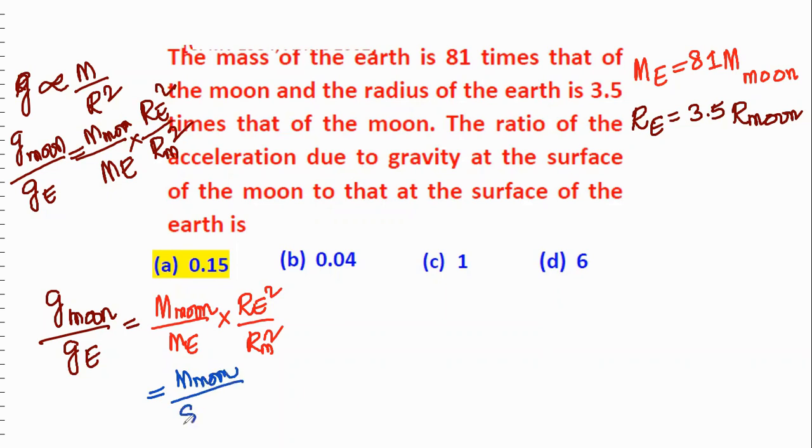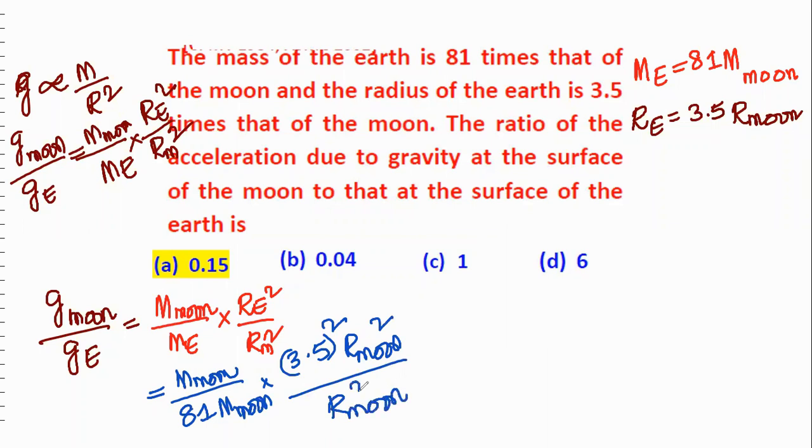Mass of the Earth is 81 times the mass of the Moon, and the radius of the Earth is 3.5 times the radius of the Moon, so R earth is 3.5 whole square into R moon square, divided by R moon square.